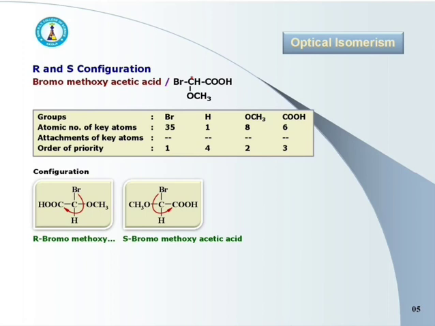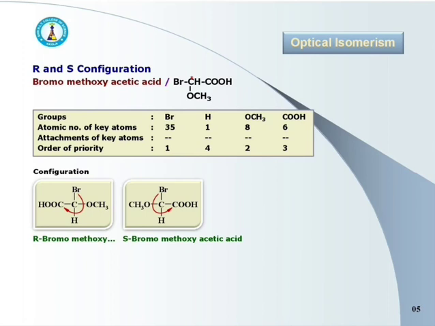The atomic numbers of these key atoms are Br 35, hydrogen 1, oxygen 8, and carbon 6. Here the key atoms of all groups have different atomic numbers, so there is no need to see the attachments of the key atom.